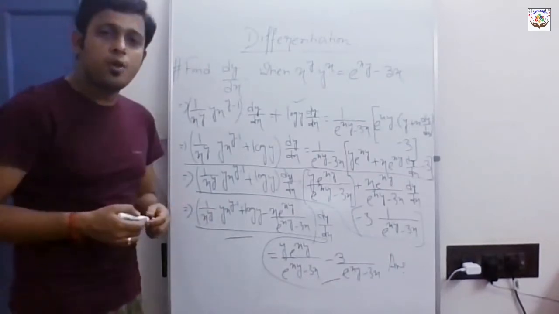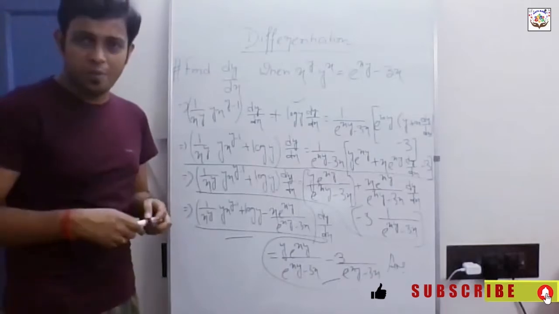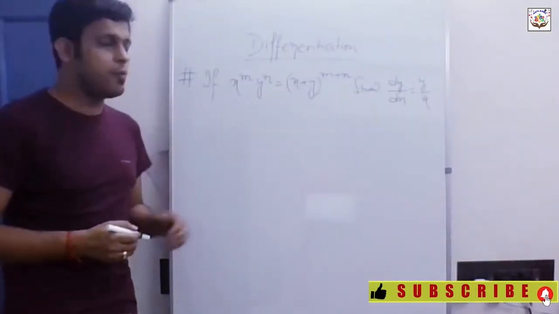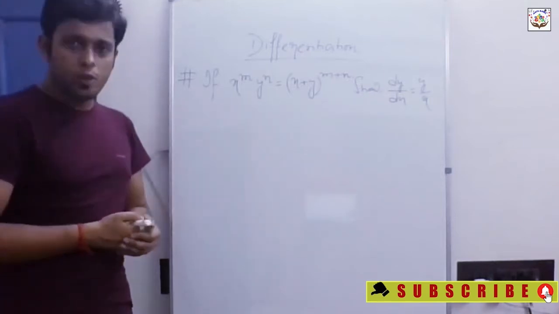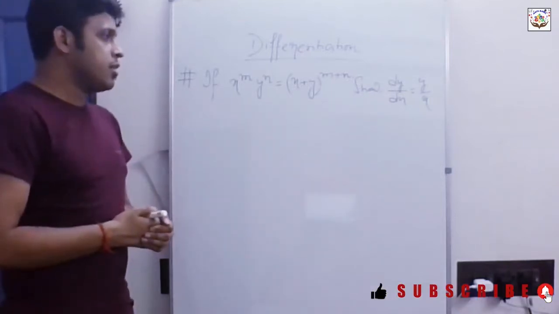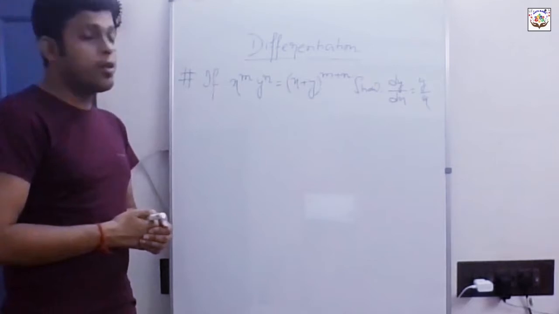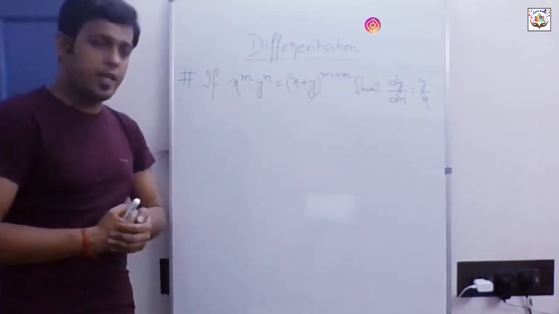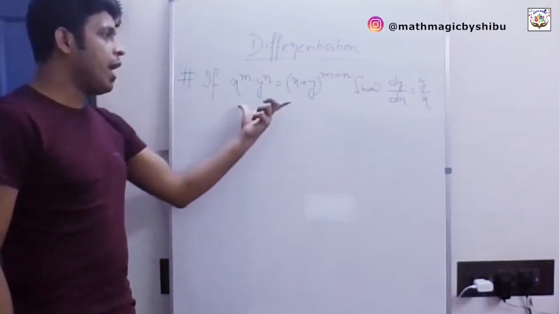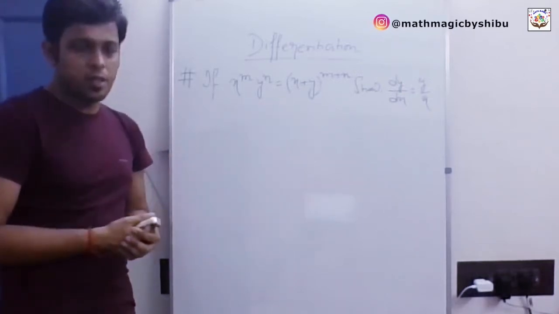Okay. So we'll move on to our next problem. Now we will solve this problem on differentiation. This is an important one. We need to prove that dy dx equals y by x, and we have this expression.